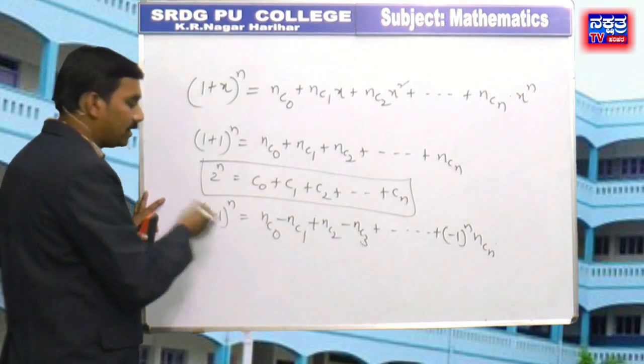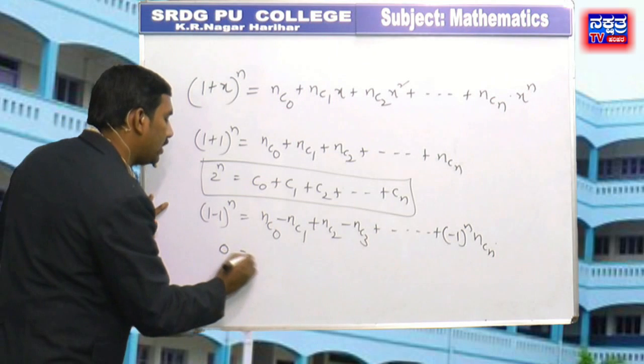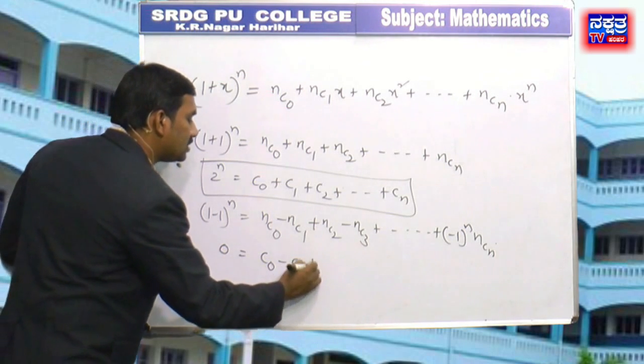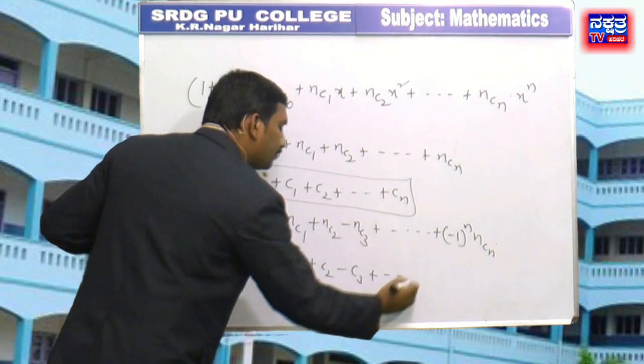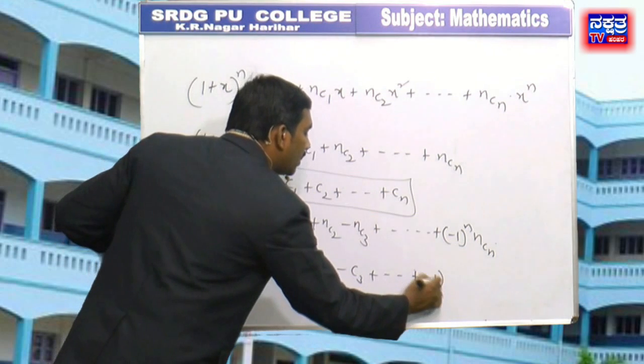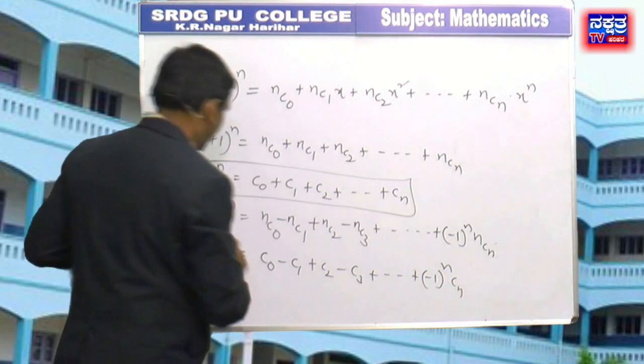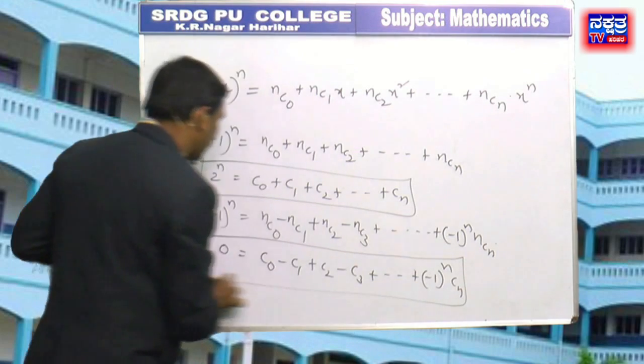So this value will become 0. Hence 0 equals C0 minus C1 plus C2 minus C3 plus so on up to minus 1 whole power n Cn.